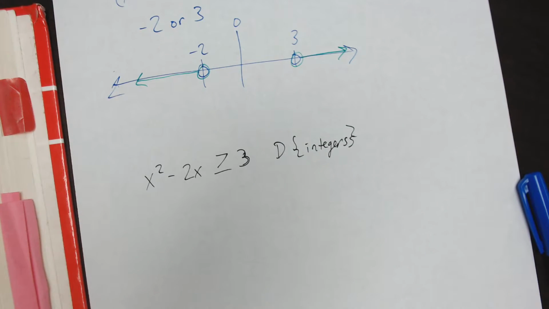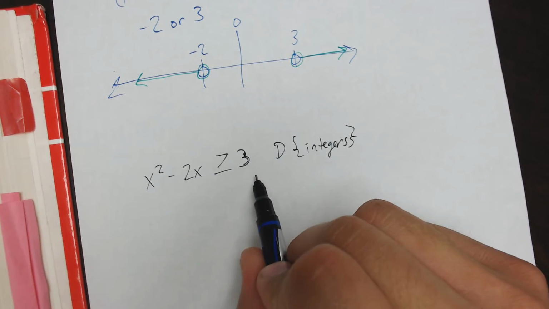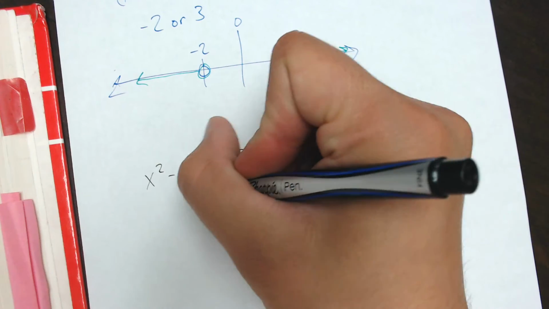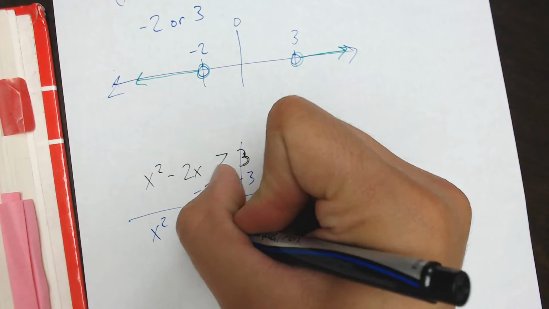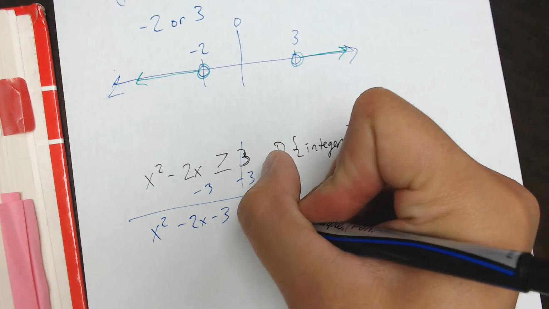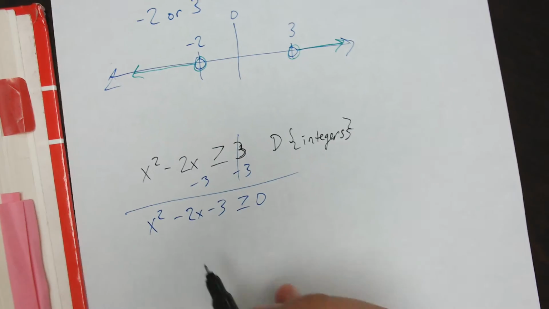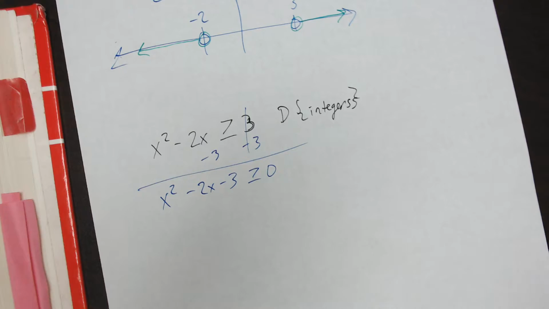Okay. So let's first get this quadratic equal to 0, so I'm going to subtract 3 from each side. That's going to cancel, so then I have x squared minus 2x minus 3 is greater than or equal to 0. From there I can start factoring.